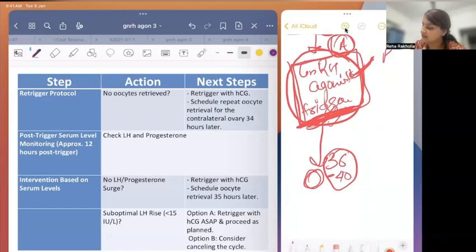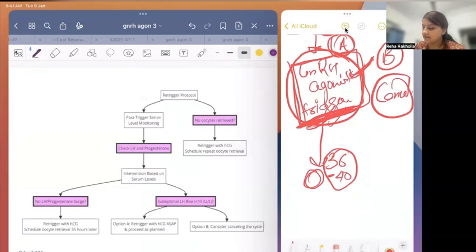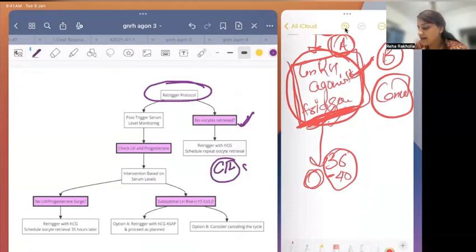Second, B: cancel the cycle. Again, I have explained this. Retrigger protocol: if no oocyte is retrieved, in the contralateral ovary we'll give the HCG trigger and repeat oocyte retrieval 35 or 36 hours after this HCG trigger.